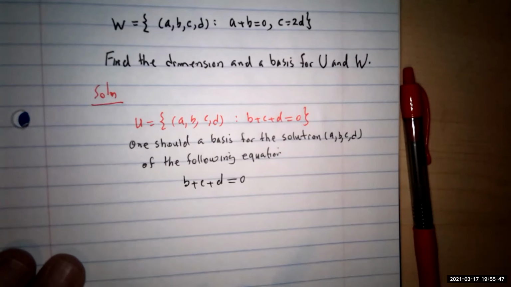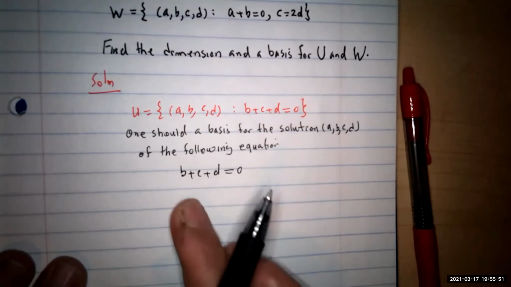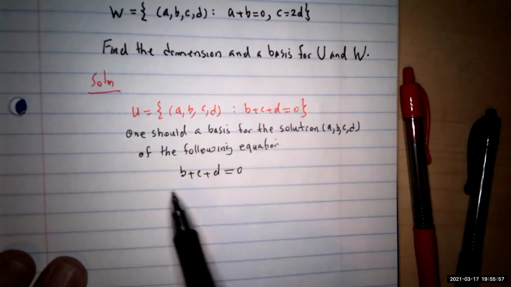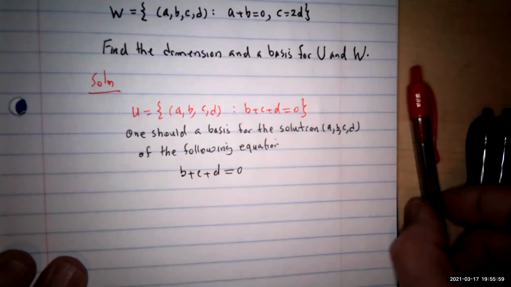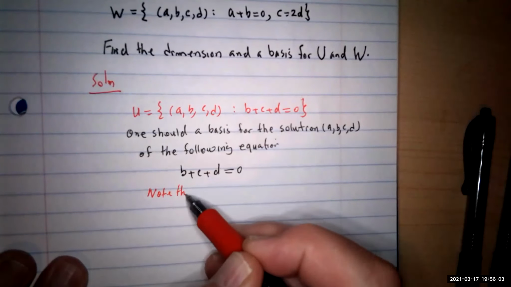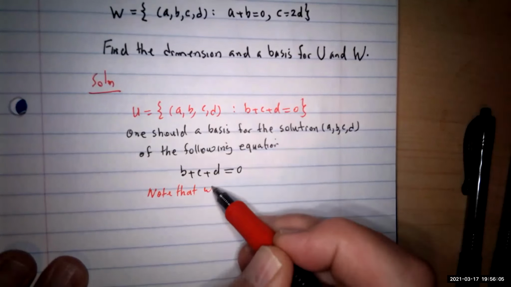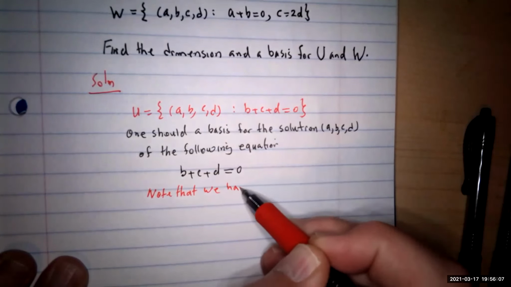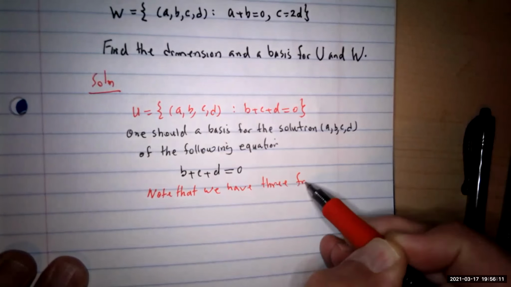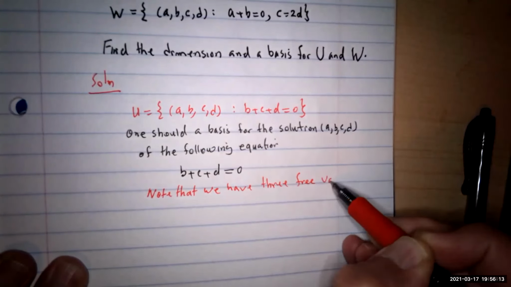So what you can do is, as I told you, you have one equation and four variables. So you have to pick three of the variables to be free. Note that we have three free variables.